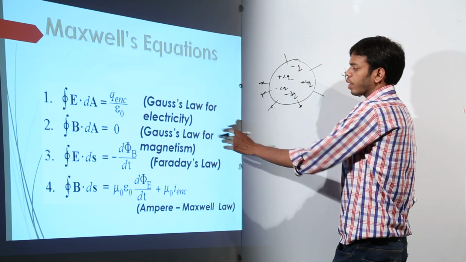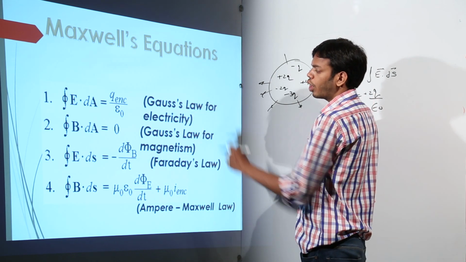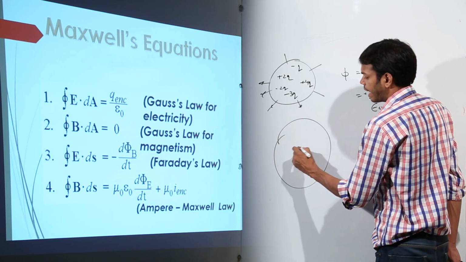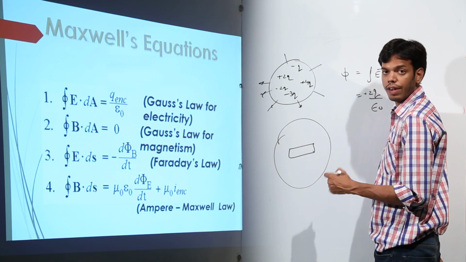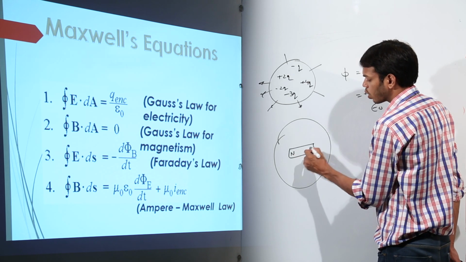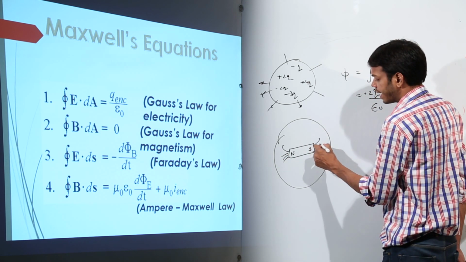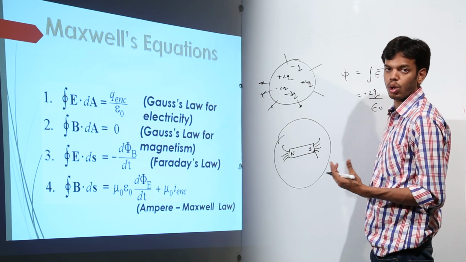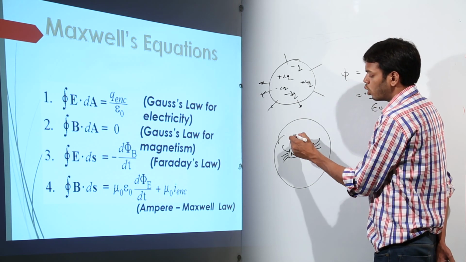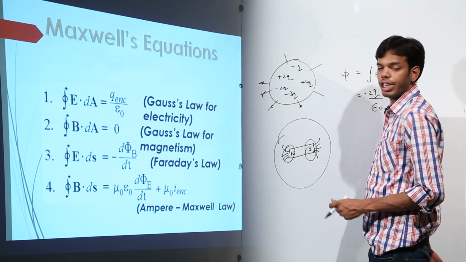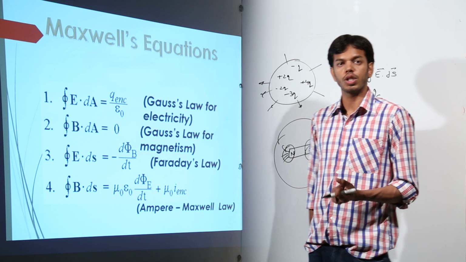That is why Gauss law for magnetism is B dot ds equal to 0. Why? In magnetism, we never have monopoles, we always have two poles, that is north and south. So whatever lines are coming out of one pole will be going into the other pole, or in other terms, the pole strength of the north pole will be equal to the pole strength of the south pole, but opposite in sign.